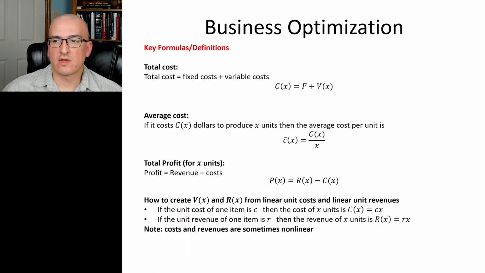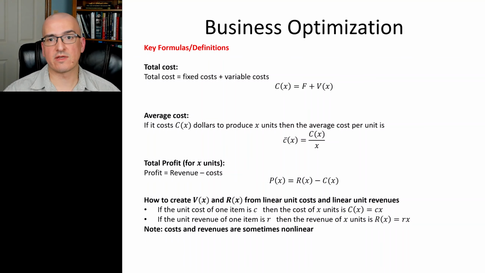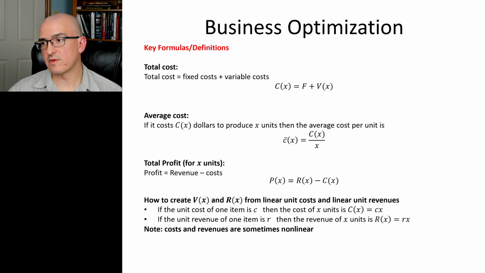If you have a donut shop, your variable costs are materials and ingredients, things you need to buy more of if you sell more donuts. Then there are fixed costs, like the lease per month that you pay for the facility. It doesn't matter if you sell 0 or 1 million, you're paying that same lease. So that'd be a fixed cost, and it's important that you can distinguish between them.